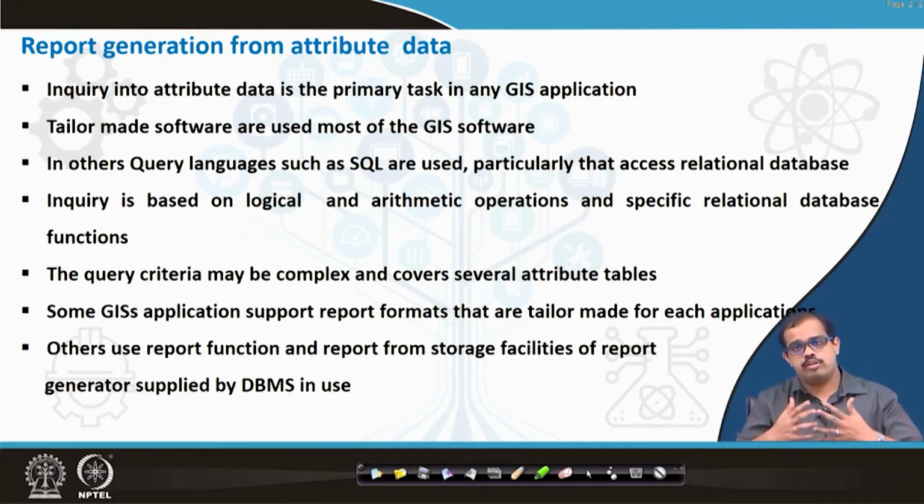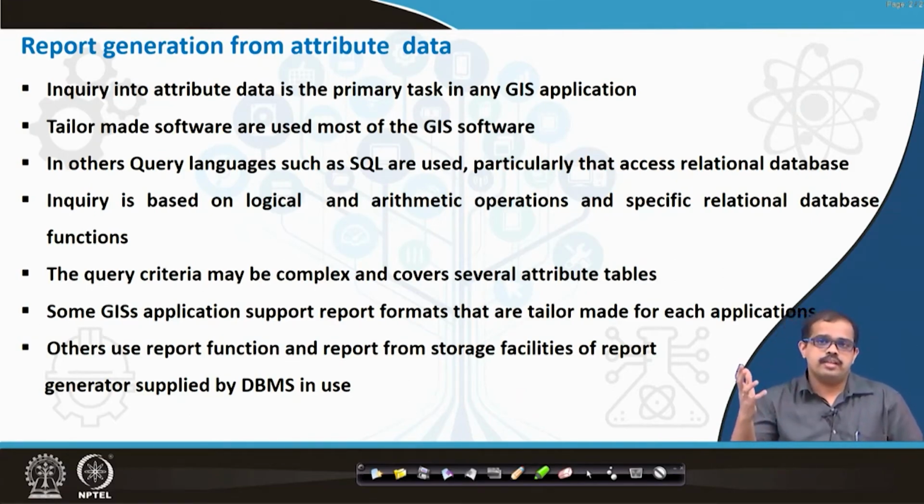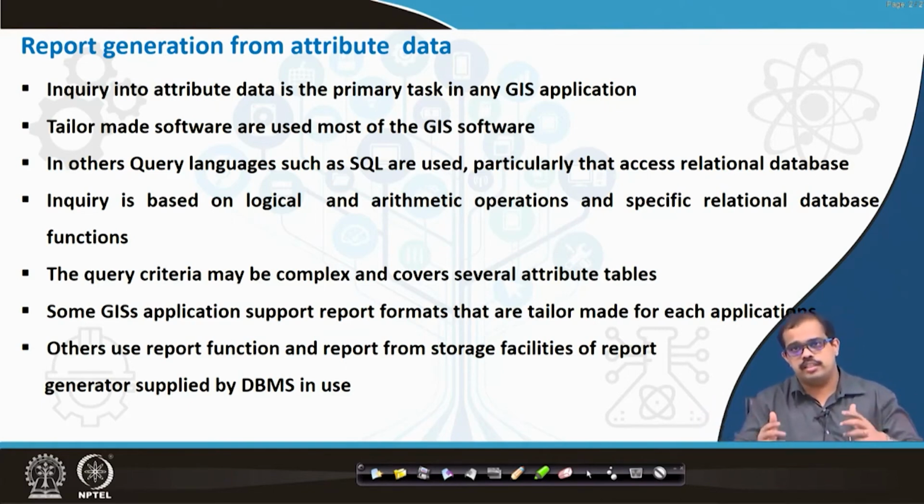So, software have their own way of representations. Normally, very heavily paid software have a huge number of flavors of these representations. Open source does not have much classification in these terms, but report generation can be made. Simple reports can be easily done.